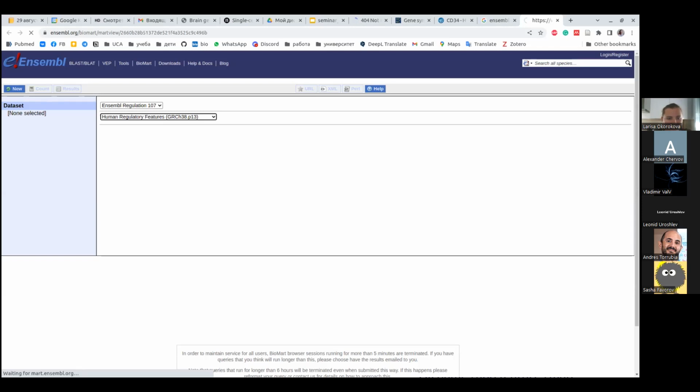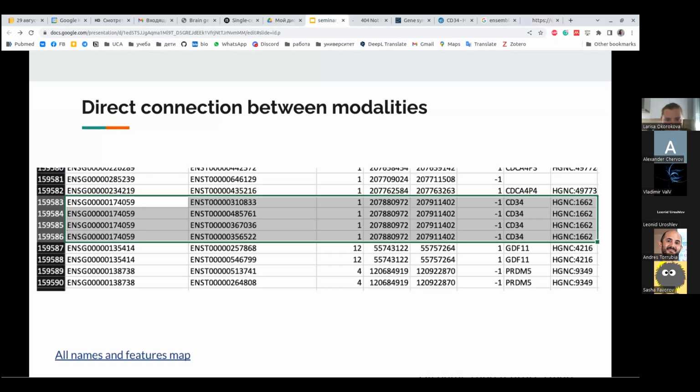Now I want to first answer the questions which were raised. What is a transcript? The first one. Genes have quite a complex structure in eukaryotes.